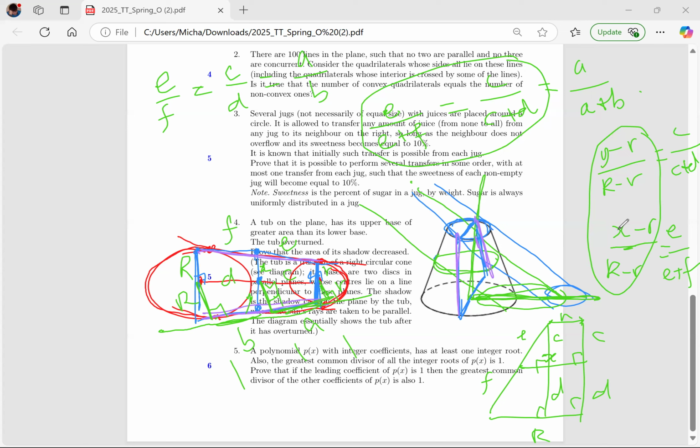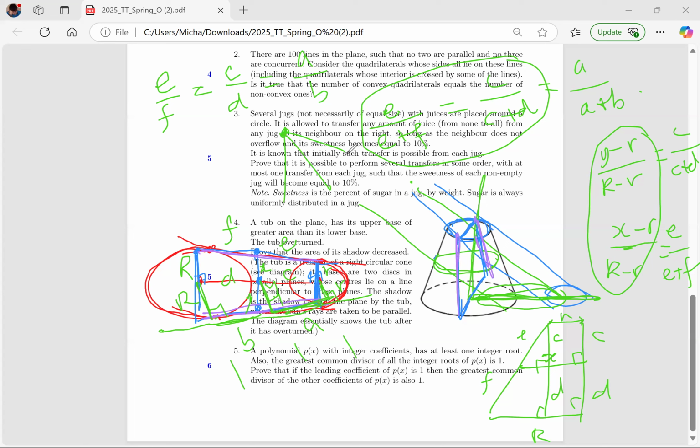You could go a little bit more in depth with the translation of the shape. The important thing to note is that it's not a point source of light with rays coming out like that, because if that was the case, things would get bigger.